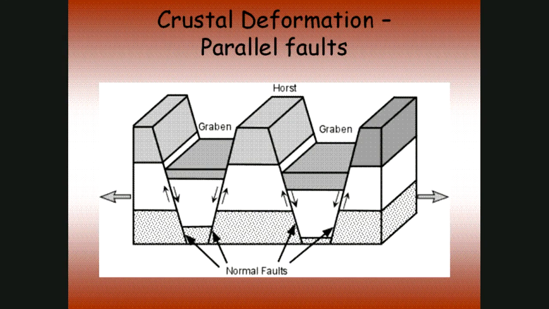The high one, whether it rises or remains the same as the other one drops lower, is called a horst. Okay, that's kind of like a ridge. And the one that drops down, the formation gives you kind of a valley-like thing. That's called a graben. So horsts and grabens occur together because they're the result of parallel faults.